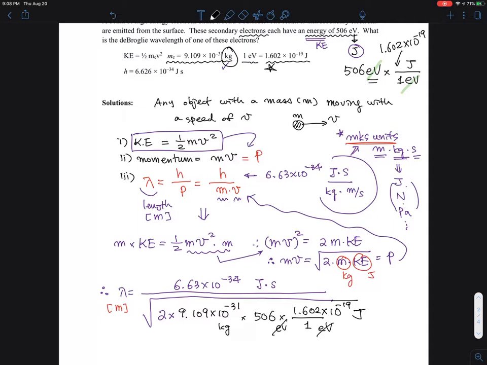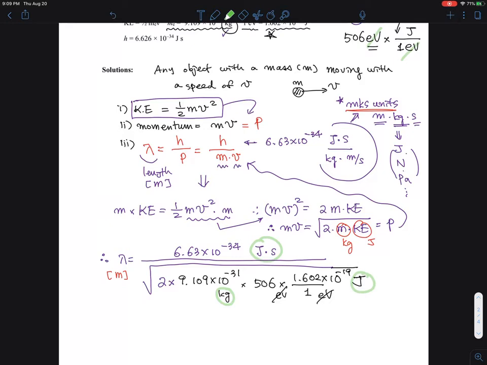Now you only carry the energy in units of joules, and everything is shown here. Now you are ready to plug everything in, and you'll get a wavelength of essentially 0.547 times 10 to the minus 10 meters.